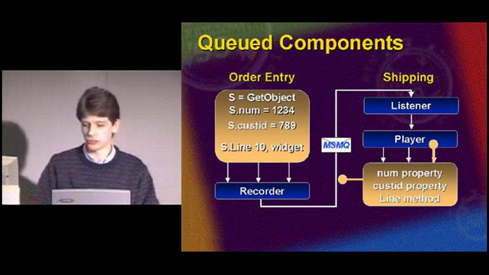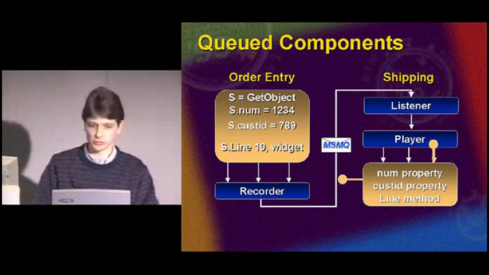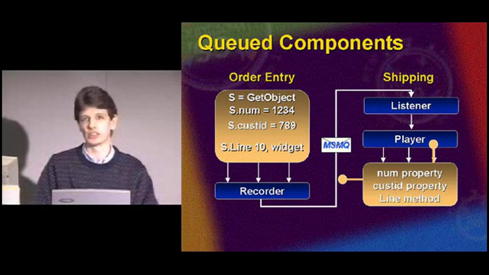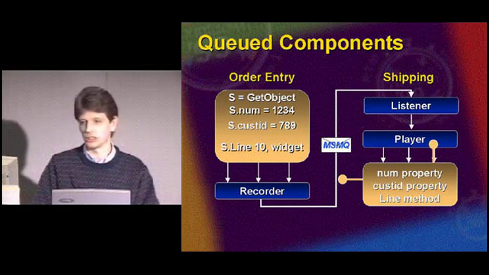The difference with queued components is when you actually create the object, you don't create an instance of the shipping object. You create a recorder object. And what the recorder object does is it looks up in the type library to figure out which interfaces the shipping component actually implements, and it presents an object which implements the same set of interfaces. So when you call the methods and use the properties of the shipping component, you're actually using the recorder.